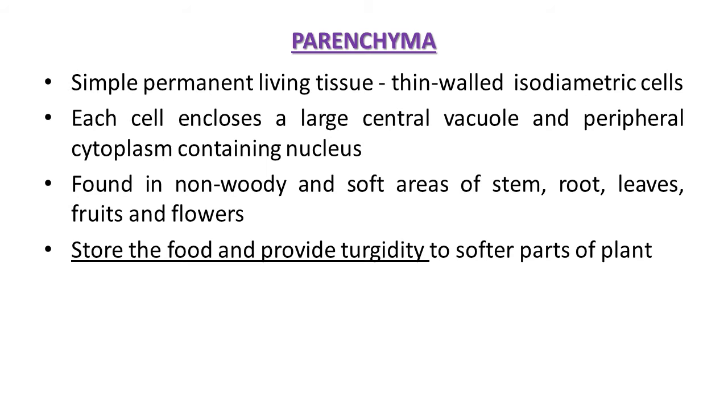The cells of parenchyma are generally spherical, oval, round, polygonal or elongated in shape, and their cell wall is thin and made up of cellulose. They may be either closely packed or have intercellular spaces in their structure. Generally they are found in the non-woody and soft areas of stem, root, leaves, fruits and flowers.